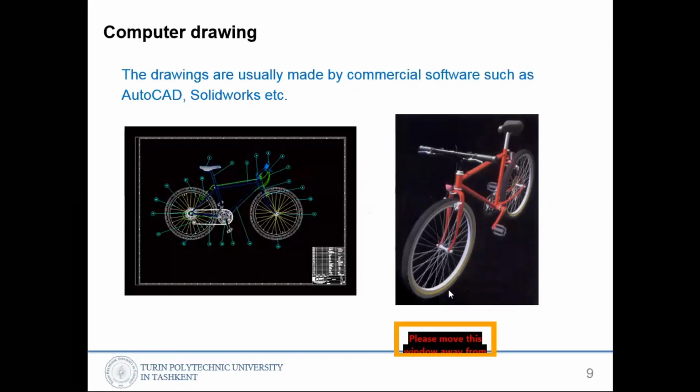So what are the good points of this? What's the advantage of this one from the others? From the freehand drawing, what's the difference? The difference is that making this one sometimes needs more time than freehand drawing. But once you do this one, you can share it 100 times.